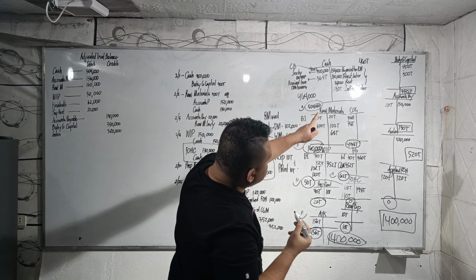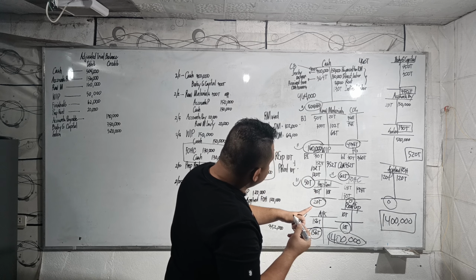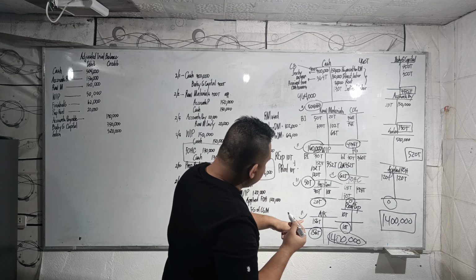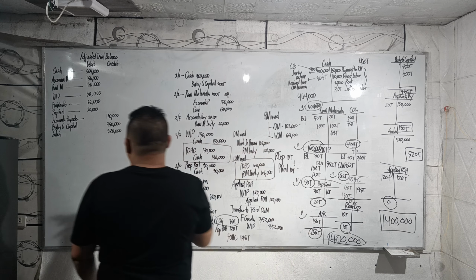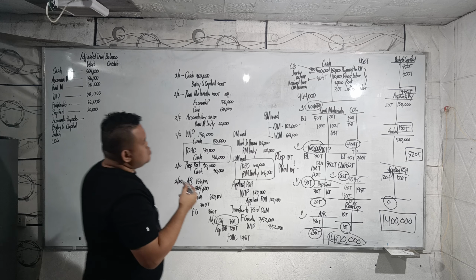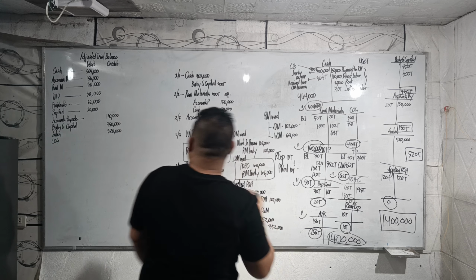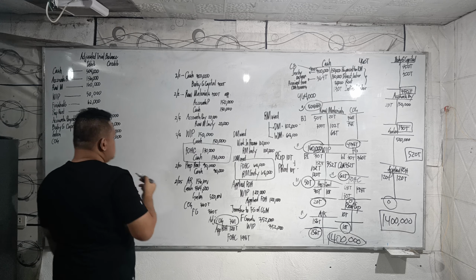So that one is already finished. Applied factory overhead has been zeroed out. So what are the other expenses that we have? We have cost of sales. We have cost of sales worth 438,000 based on the entry.